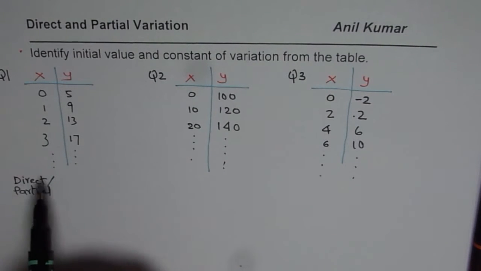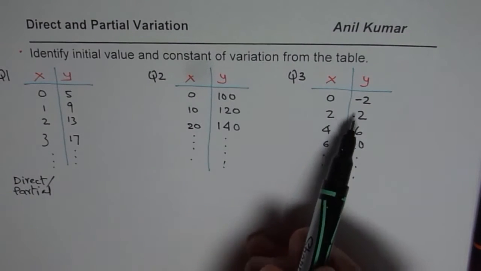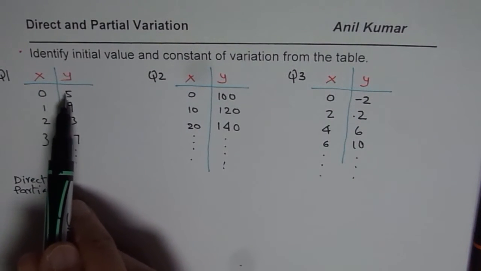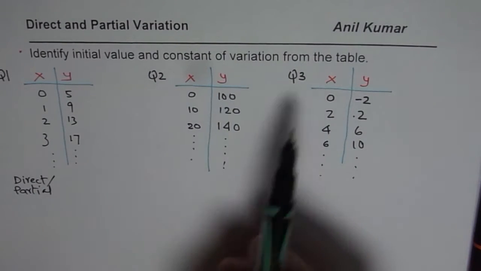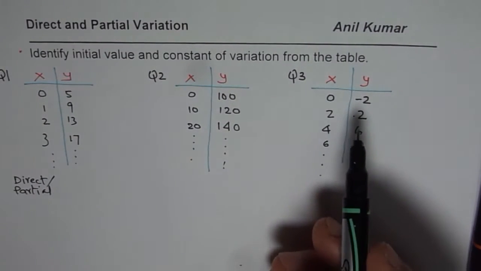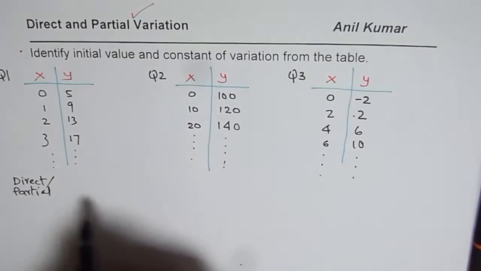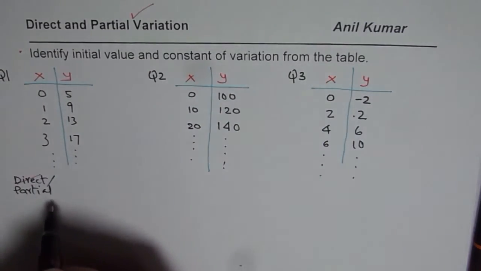So in this case, to check whether they are direct or partial, you have to check the value for x equals 0. If y is non-zero, in that case, they become partial variation, right? So all of them are examples of partial variation. So all are not direct, they are all partial variation.